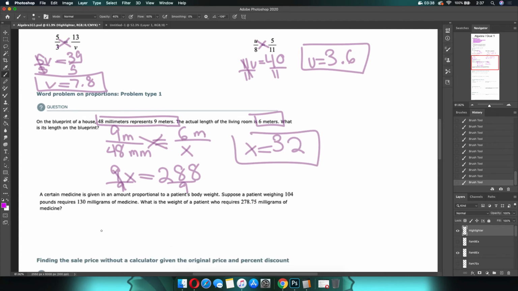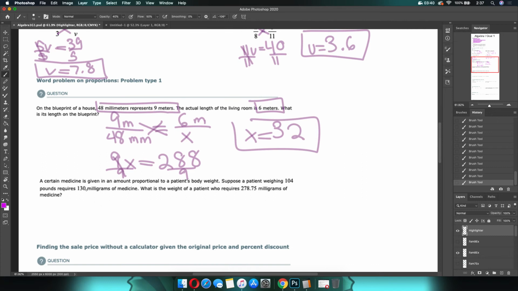Then they do it again. So it is 104 pounds over 130 milligrams. And then what do they give us? This time they give us milligrams, so 278.75, which means this is our x. Cross multiply, so that leaves us with 130x equals, whatever that is.